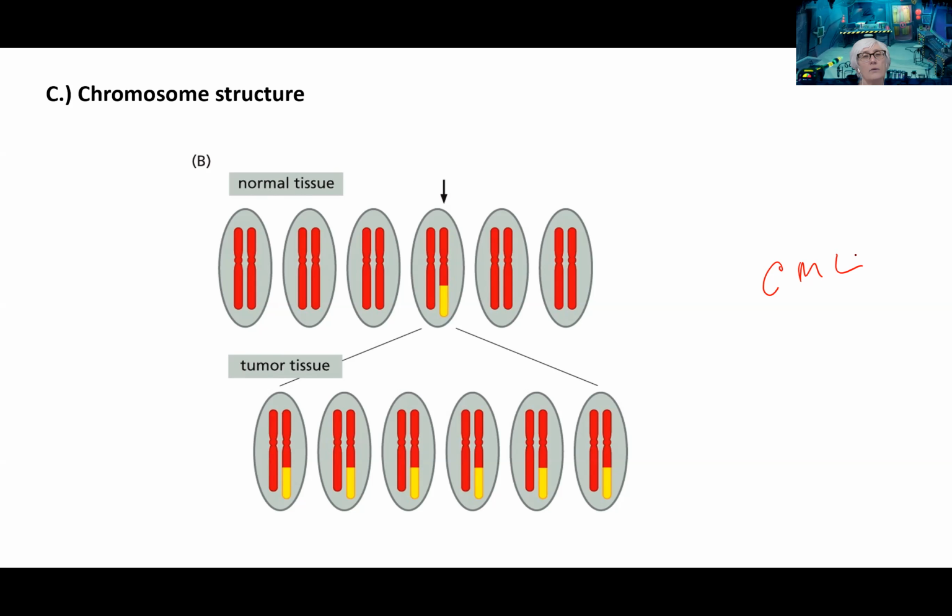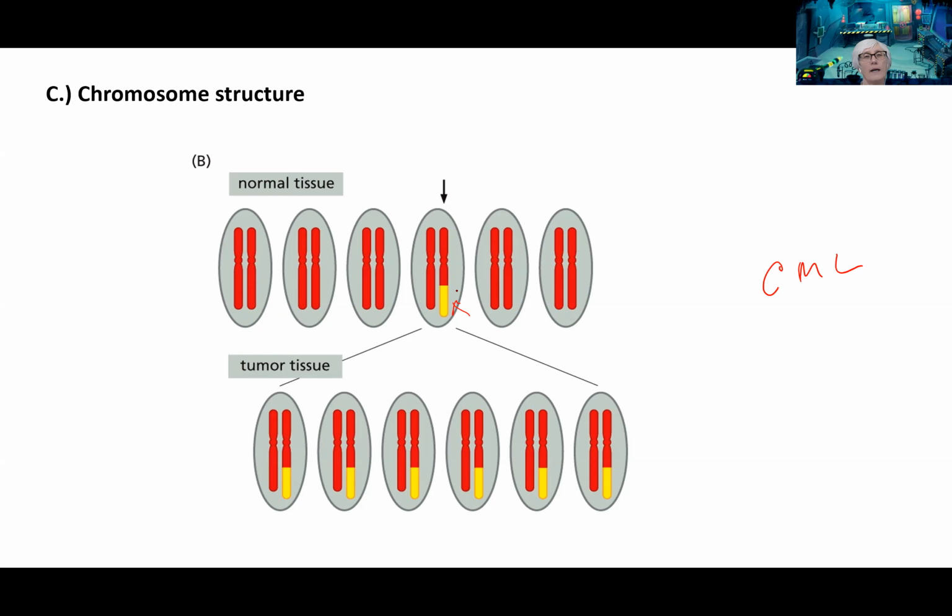That little yellow leg or arm, if you will, of the chromosome is meant to be the arm or leg of a different chromosome that's not shown here. So a portion of the yellow chromosome was transferred to this chromosome right here. And at the same time, the red leg that used to be there got transferred to the yellow chromosome. So that's a chromosomal translocation.